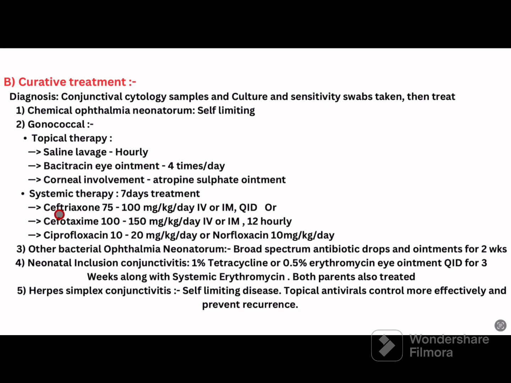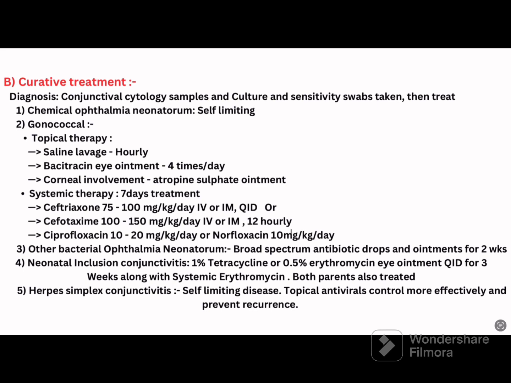You can give either ceftriaxone 75 to 100 mg per kg per day IV or IM 4 times a day, or cefotaxime 100 to 150 mg per kg per day IV or IM 2 times a day, and ciprofloxacin 10 to 20 mg per kg per day or norfloxacin 10 mg per kg per day.